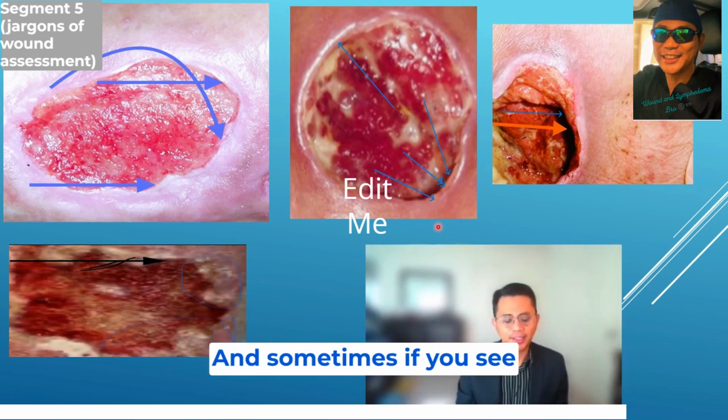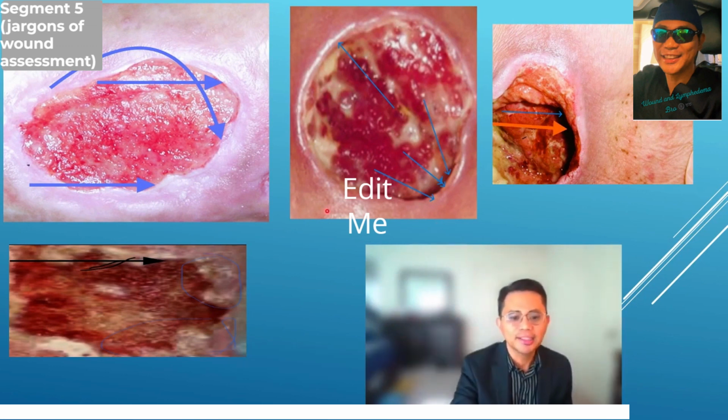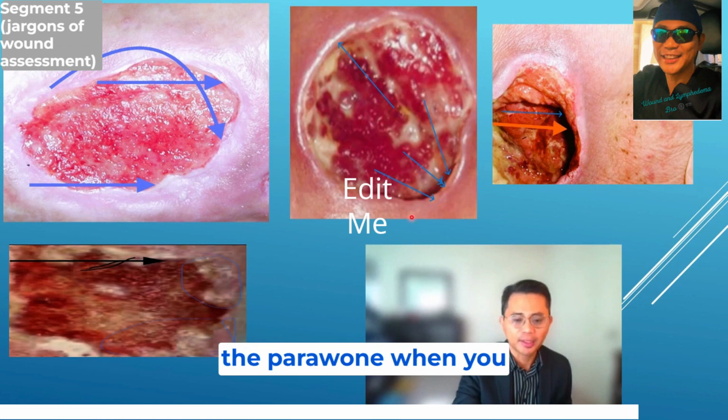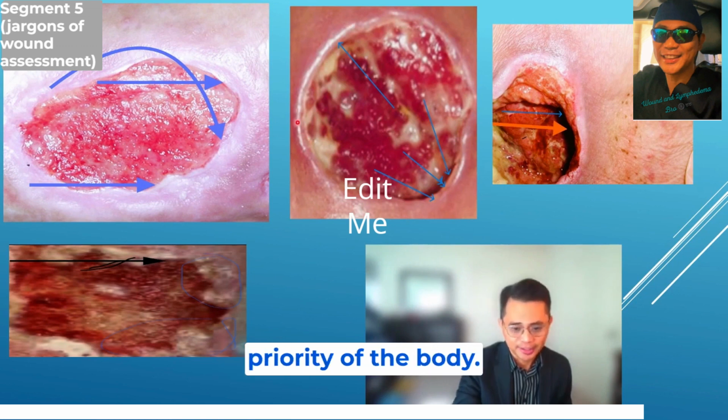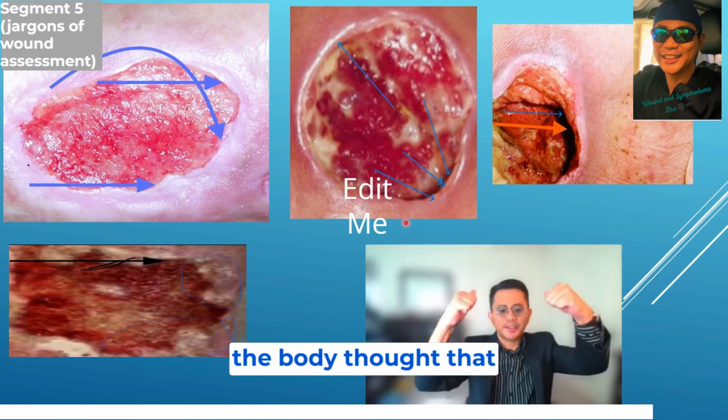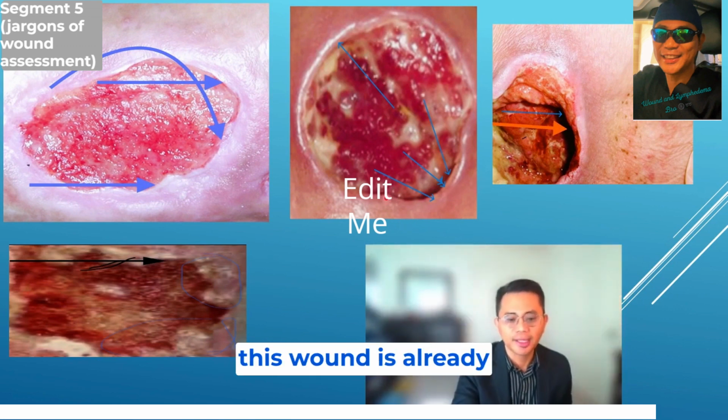And sometimes, if you see a wound base like this, it's not surprising that you don't see a lot of inflammatory response at the periwound when you see an epiboly. You know why? Because like I said, it's no longer the priority of the body. The body has forgotten about this wound because of the contact inhibition. The body thought that this one is already closed.